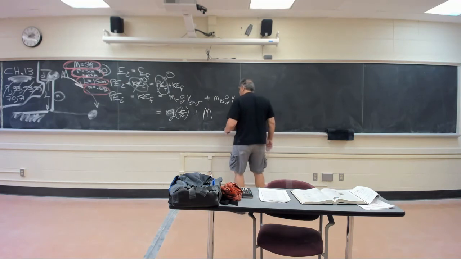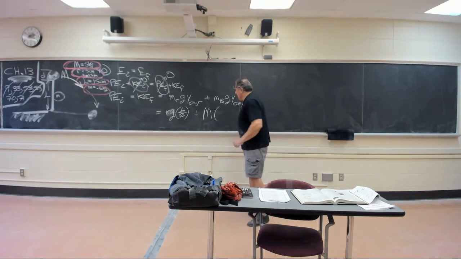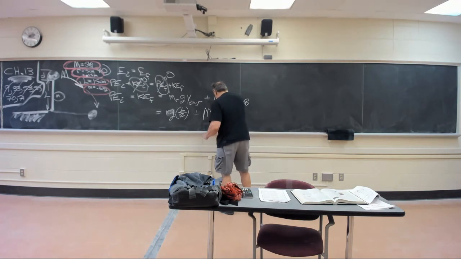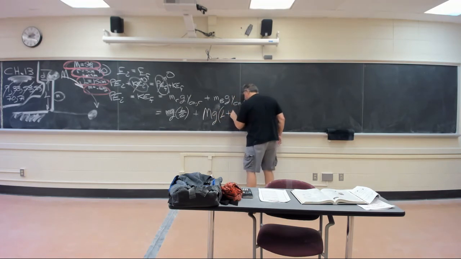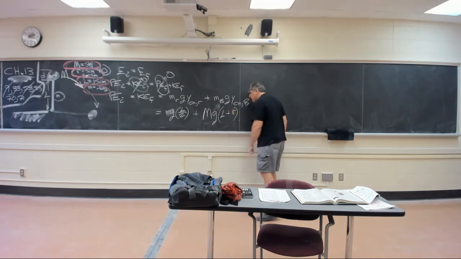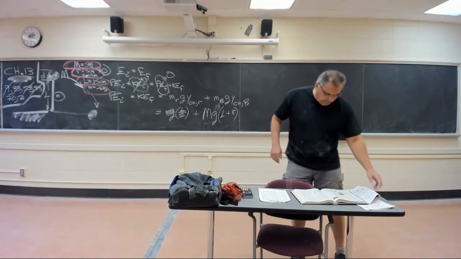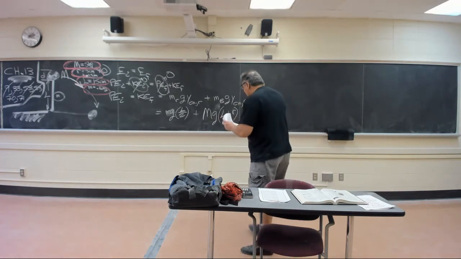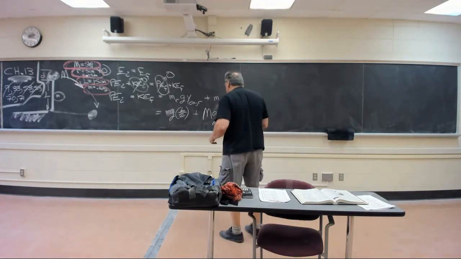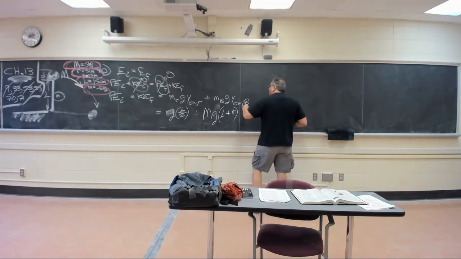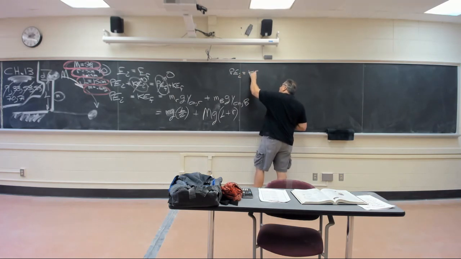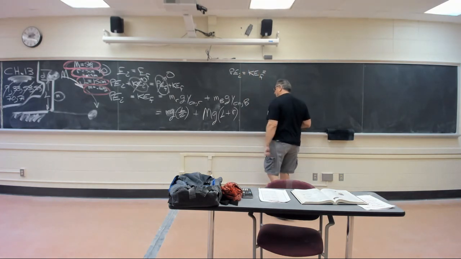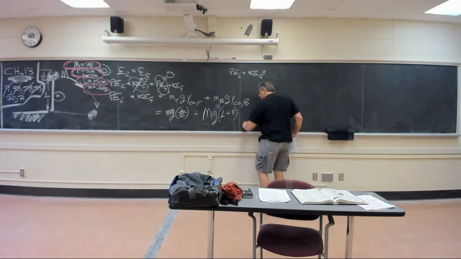Well, this is G, and this is L plus R. I think I wrote it a little differently, but that's neither here nor there. That's where you want to go. The initial potential energy equals the kinetic energy final, which is equal to this song and dance right here, guys.